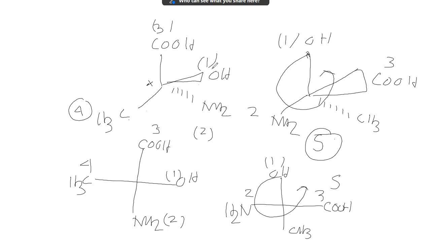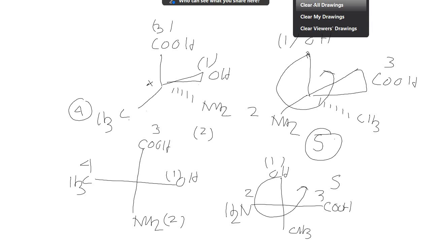It is COOH, CH3, OH on the top of the plane, NH2 on the bottom of the plane. I am just doing it this way. It was COOH, it was CH3, OH was on the top of the plane, NH2 was on the bottom of the plane.